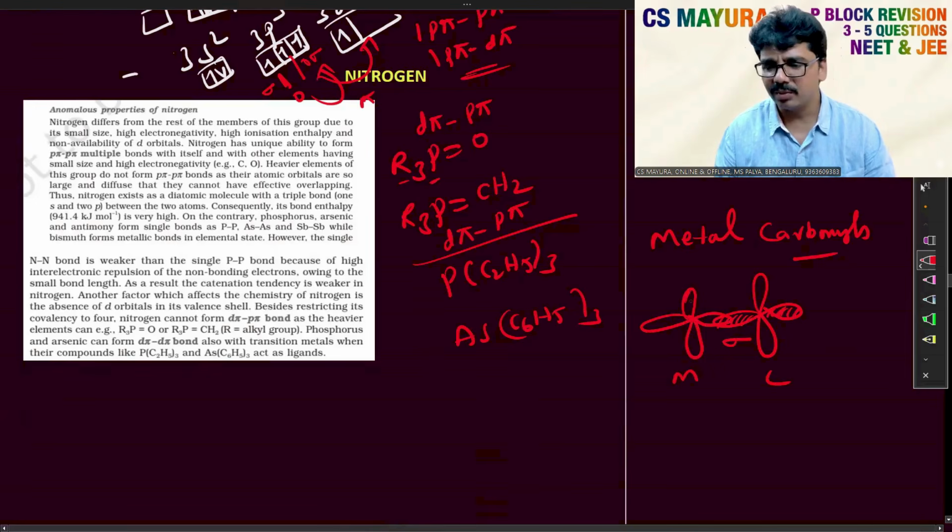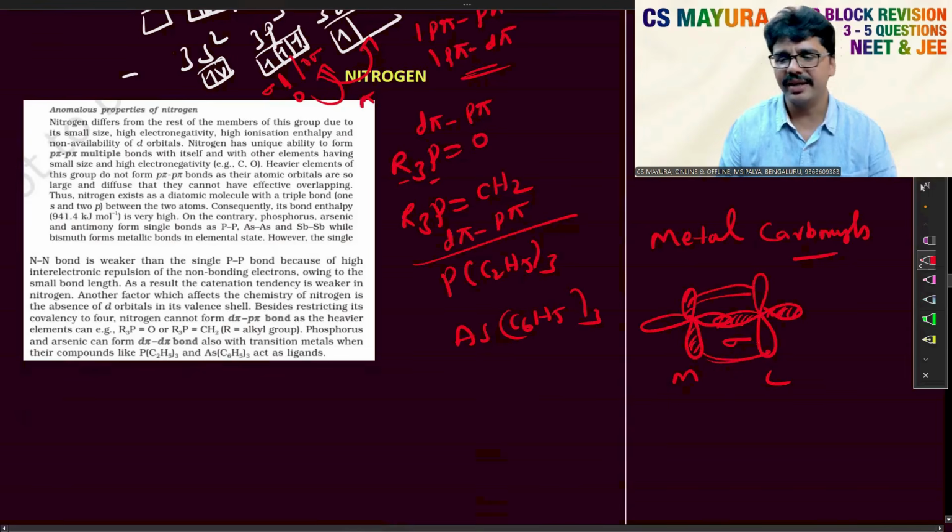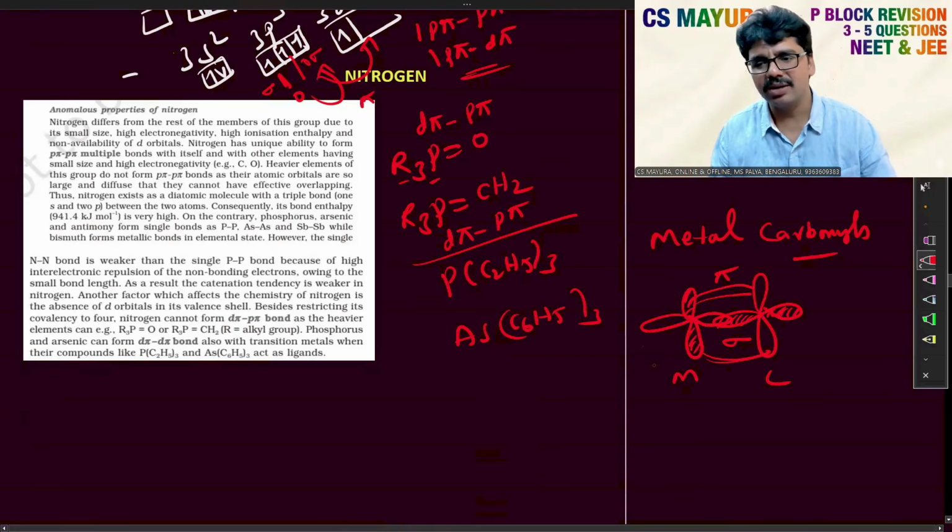In metal carbonyls, the metal has a filled orbital and the ligand has a vacant orbital. Now there is sidewise overlapping between the filled orbital of the metal and the vacant orbital of the ligand. So here a pi bond is formed. That pi bond is called a back bond or synergic bond. This is how a synergic bond, a special pi bond, is formed between metal and carbonyl ligands.